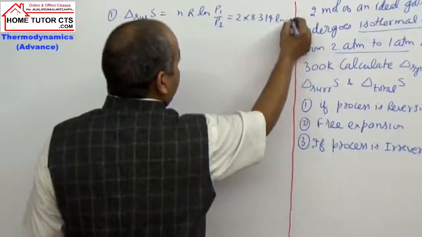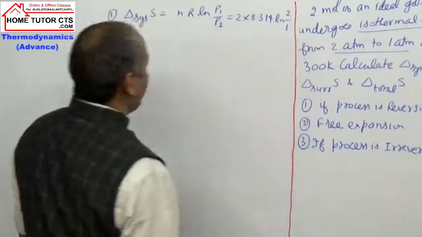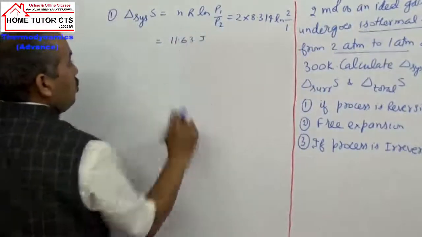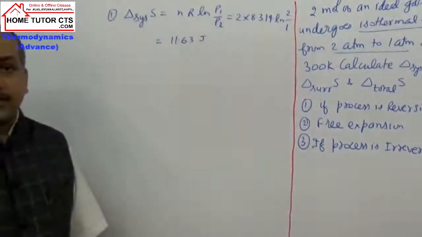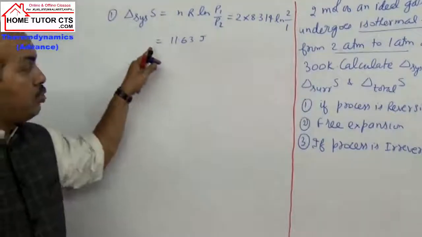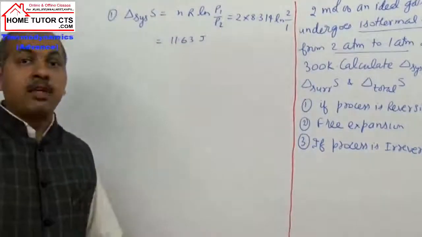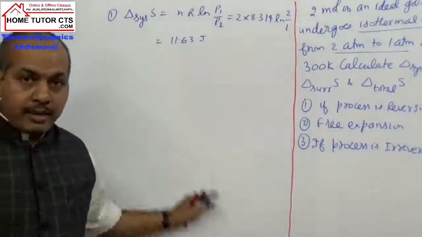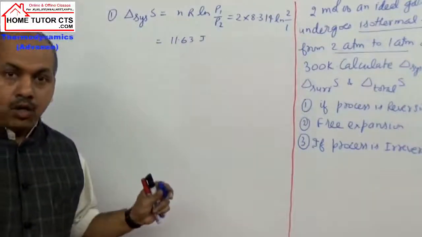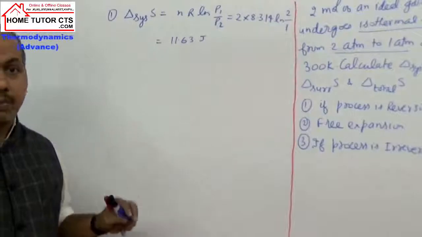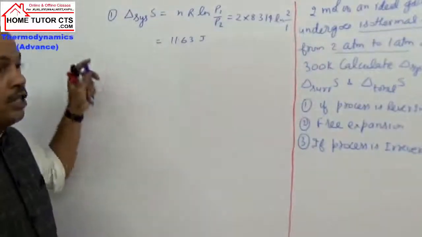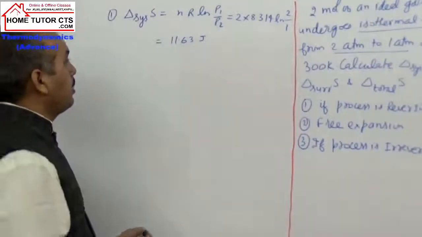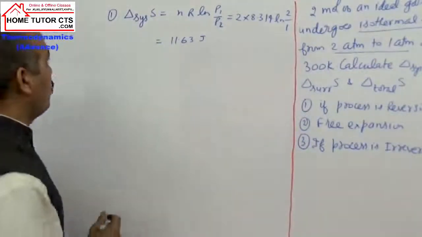Initial 2, final 1. On calculation, the value will come to 11.63 joules. Delta S system will be 11.63 joules, and it will be the same in all the cases because entropy is a state function. So the change in entropy depends only on the initial and final state, not the path followed.